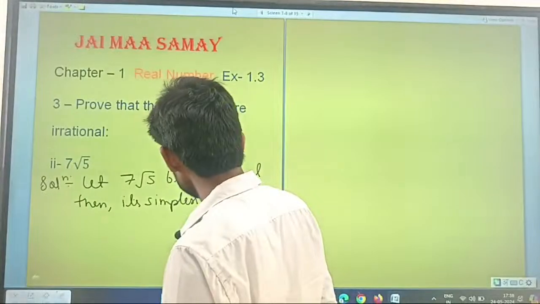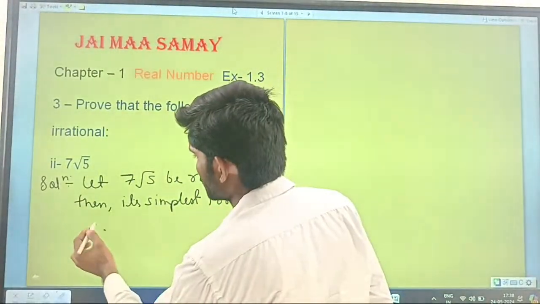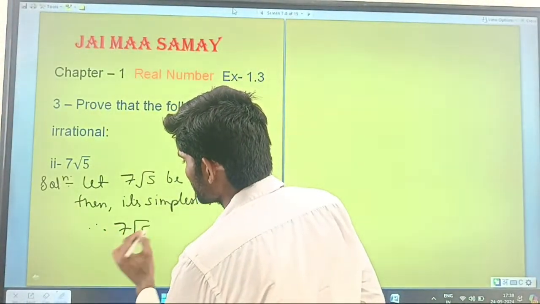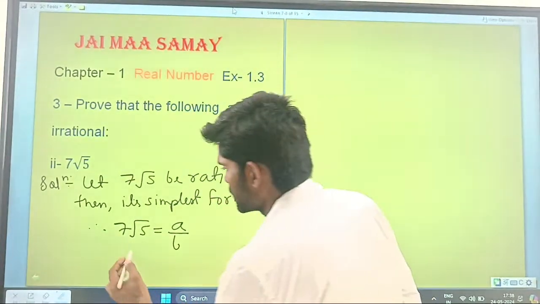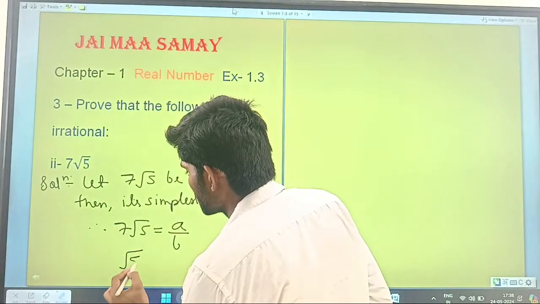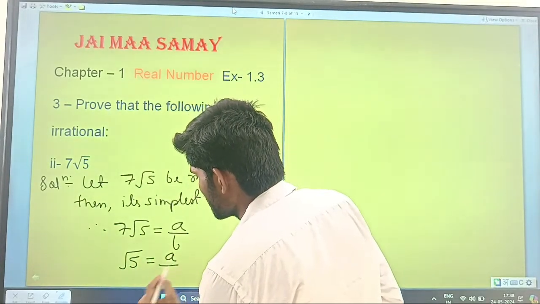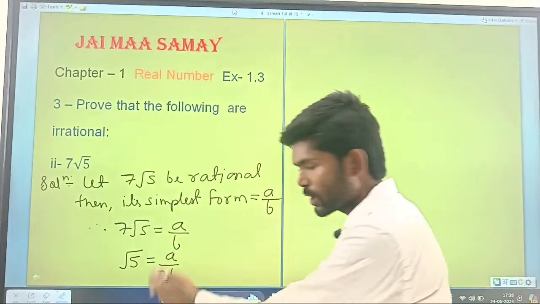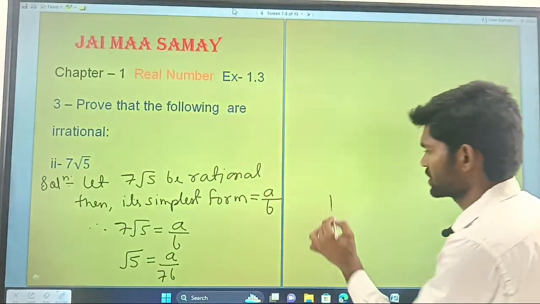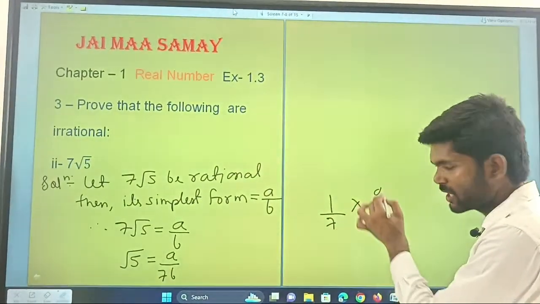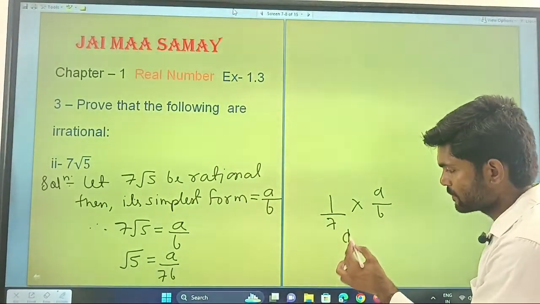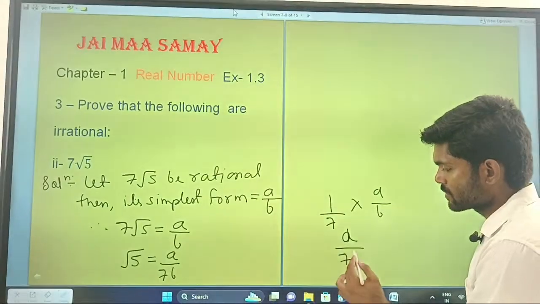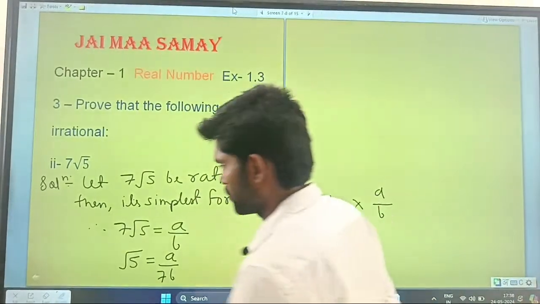Then dear, therefore 7 under root 5 equal to A upon B. Here multiply, divide. 7 reciprocal you can write 1 upon 7. 1 upon 7 into A upon B. Multiply, so 1 multiply by A, A, or 7 multiply B. Clear?